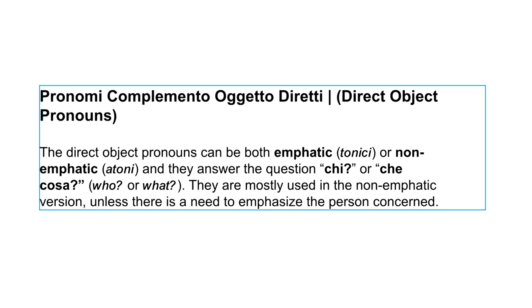Now, these direct object pronouns answer the question chi or che cosa, who or what. That's what they answer. And they are generally used in the non-emphatic way, unless there's a reason why you want to emphasize a specific person that is involved in the sentence.